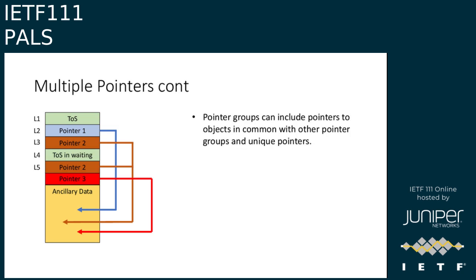And of course, you'll notice that we can do this in groups. So pointer 1 is only used once, but pointer 2 is used twice because there are occasions where multiple hops need to point to the same piece of ancillary data to do their job. Latency-based forwarding is a good example of that. Next slide, please.